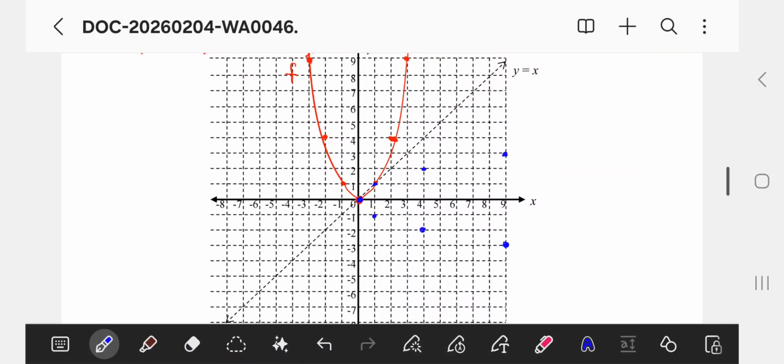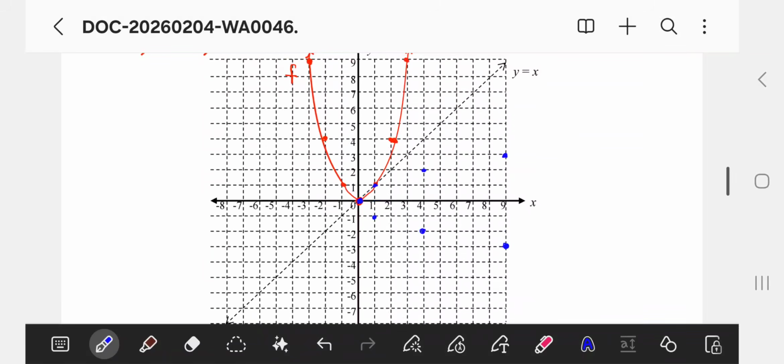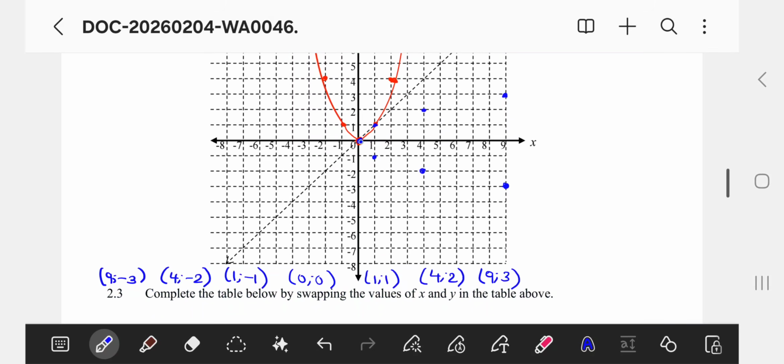So notice how it would be the same parabola from before, but now it's as if it's on its side. Okay, so that is what the inverse looks like. Let us go ahead and draw the graph through these points. Okay, so there we have it. That is going to be the graph of f to the minus 1.